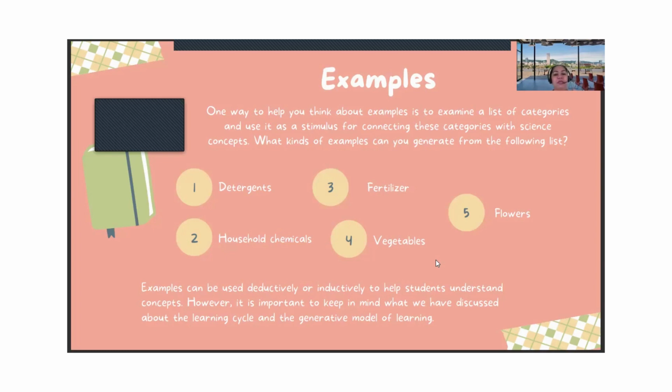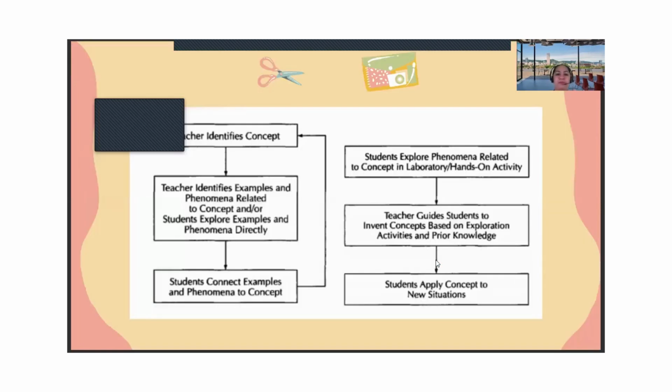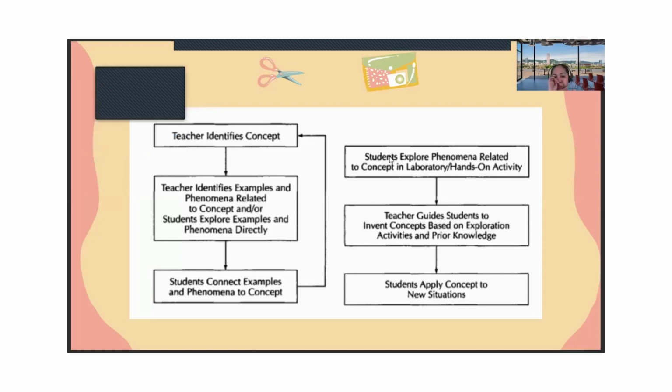So examples can be used deductively or inductively to help students understand concepts. However, it is important to keep in mind that we have discussed the learning cycle and the generative model of learning. So, for example, the teacher identifies a concept, and then the teacher identifies examples and phenomena related to the concept, and/or students explore examples and phenomena directly.